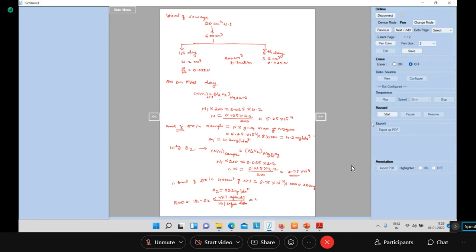It is (4.2 minus 2.2) into 600 divided by 20, and this comes out to be 600 mg per dm cube. This is the BOD. So BOD of the sample is 600 mg per dm cube. So this is one type of formula. Straightforward problem it is.